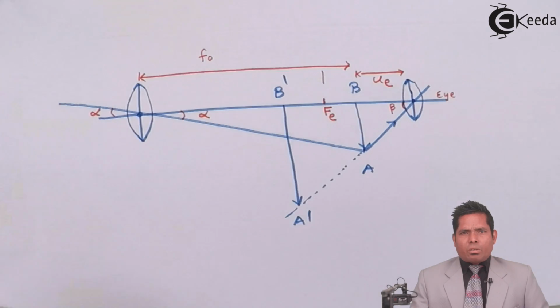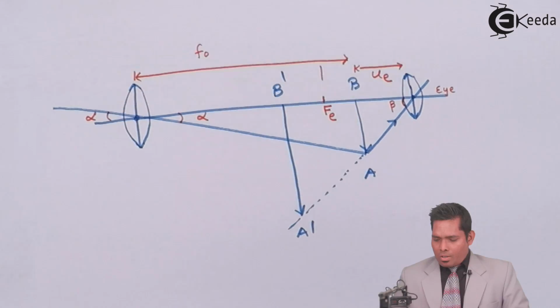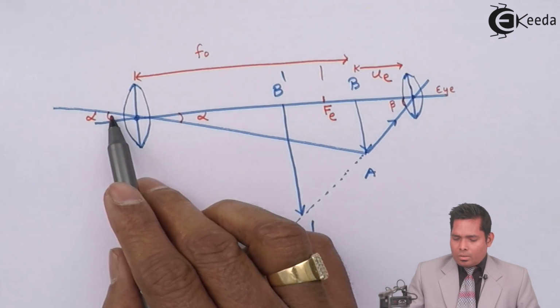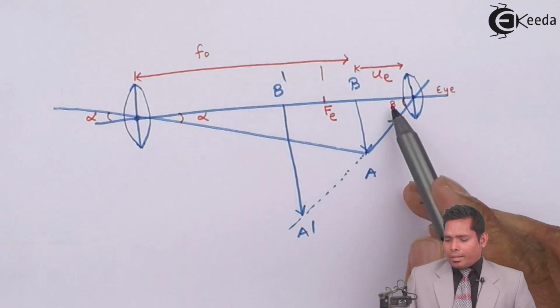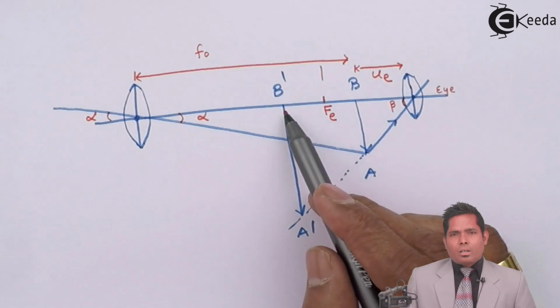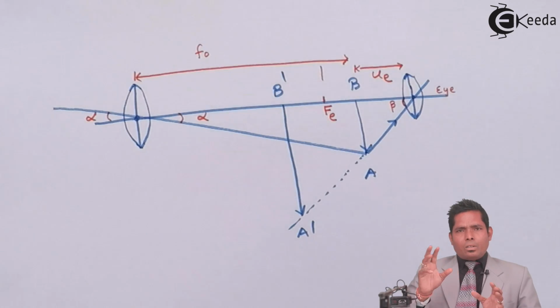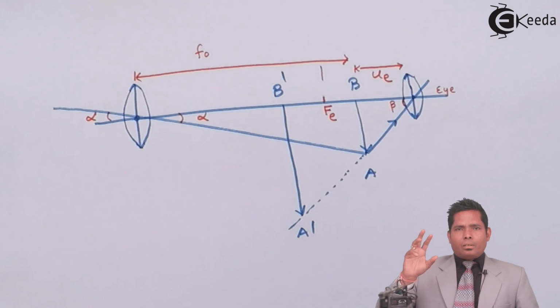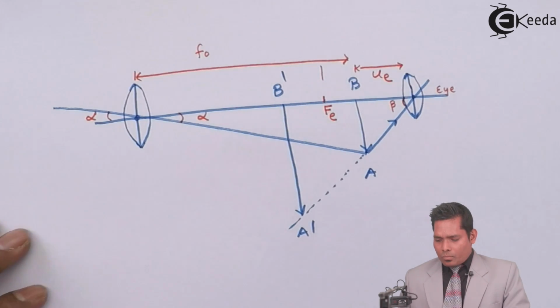So in normal situation, this is the angle subtended by the distant object, this is the angle subtended at the eyepiece by the final image. Now we will divide those two angles, one the beta which is finally drawn and the initial angle alpha.